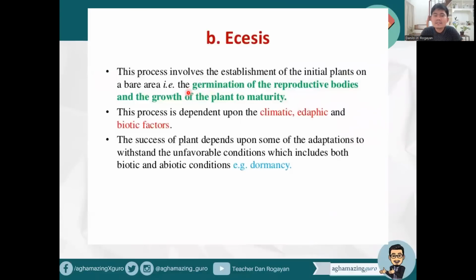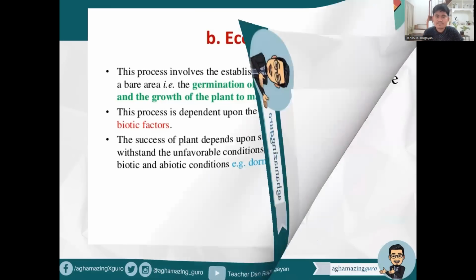So excesses is actually the process for the establishment of the initial plants on a bare area. Okay, the germination, for example, of reproductive bodies and the growth of the plant to maturity. So these processes depend on the climatic, edaphic, or biotic factors. So the success of plant depends upon some of the adaptation to withstand and favorable condition, which include both biotic and abiotic condition, or what we call dormancy. Again, initial plants, excesses.